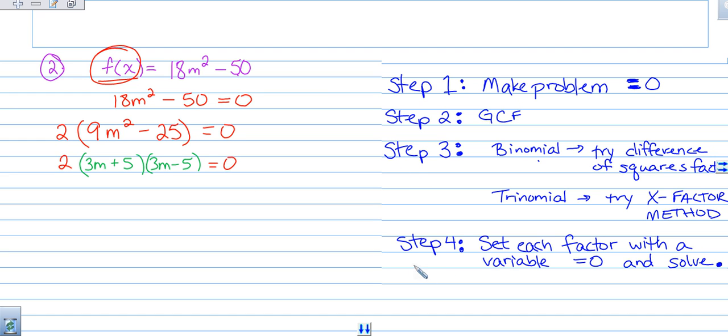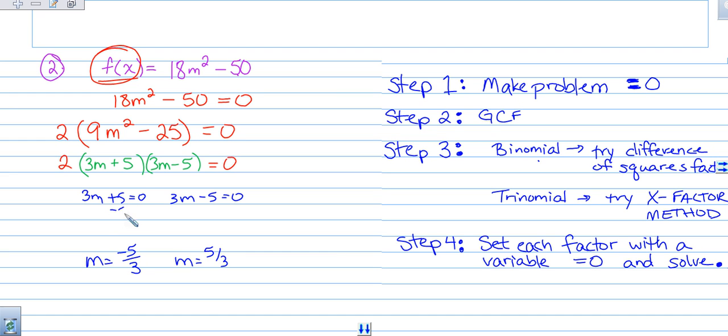So step 3 completed. Now we're going to set each factor with a variable equal to 0 and solve. Okay? Well, 2 is a factor, but it doesn't have a variable on it, so we're not even going to worry about it. So we'll take 3m plus 5, set it equal to 0, and 3m minus 5 equals 0. Okay? So you should know by now that this would be negative 5 over 3, and then this one would be positive 5 over 3.